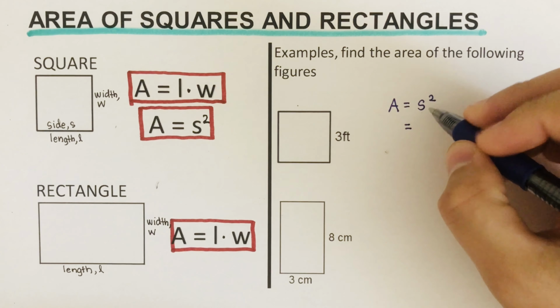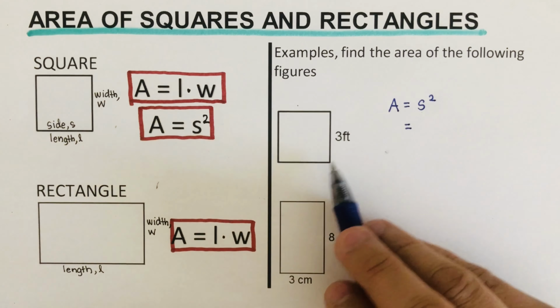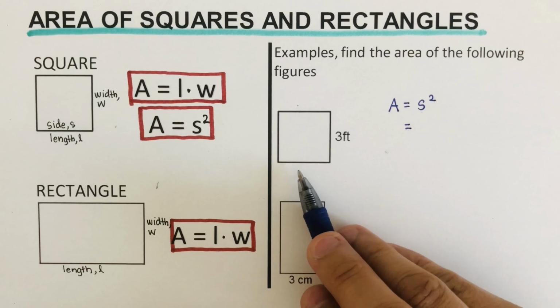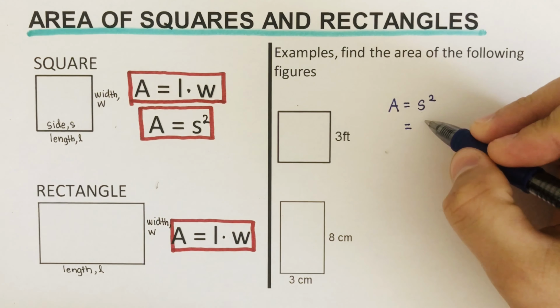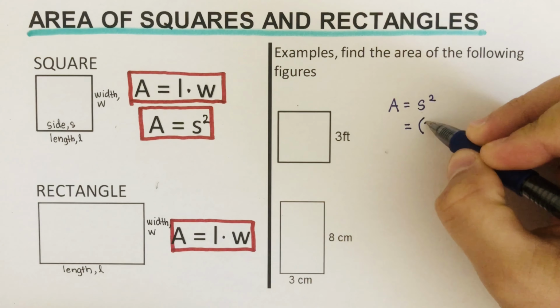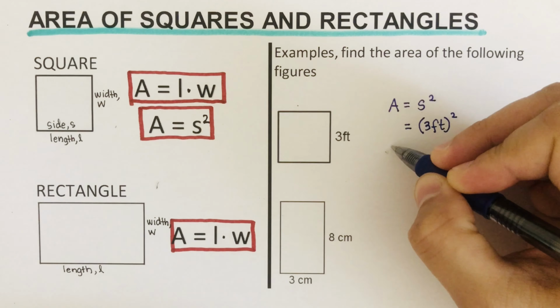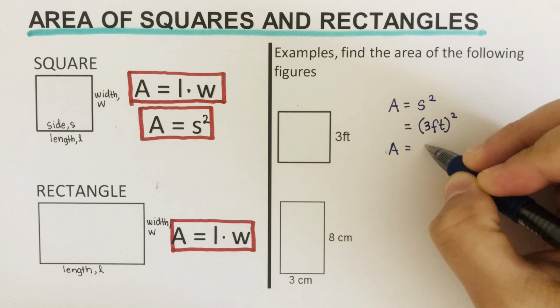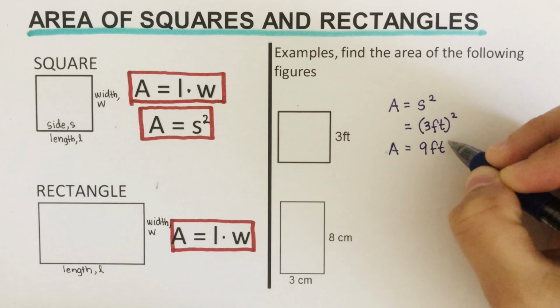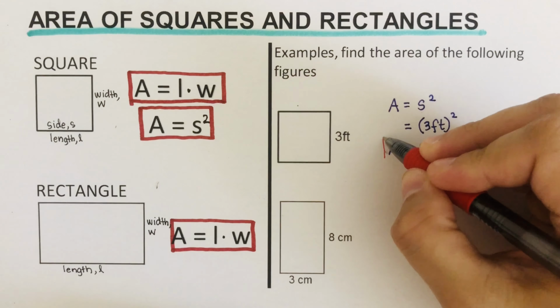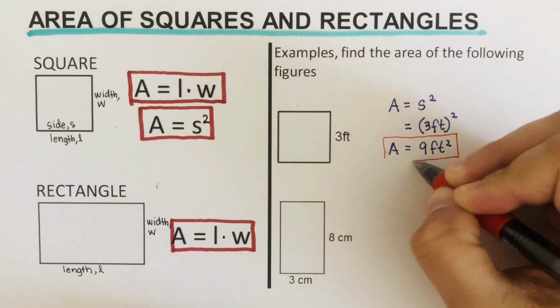We could use length times width and label this as 3, which would still be logical. But we just use S squared, so that would be 3 feet for the S, and then I just have to square it. So the area for this is 9 feet squared. This is the area of this square.